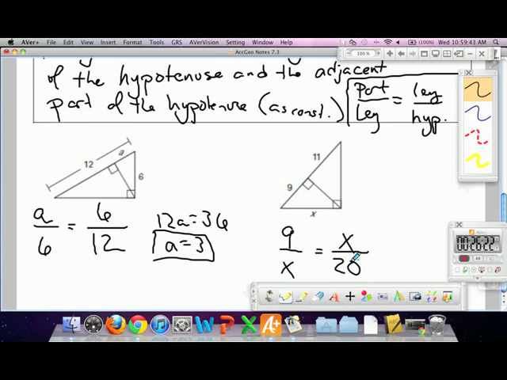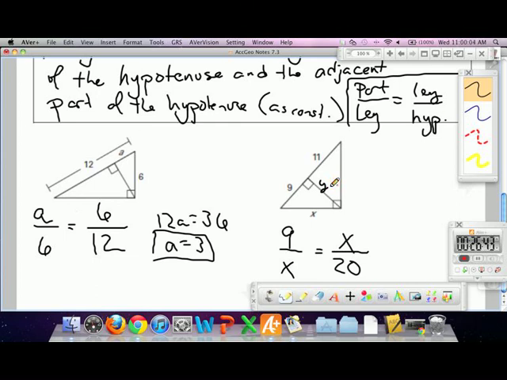Now, if I asked you, how about we extend this just a touch. What if I gave you a second variable here, y? What's a proportion you could set up to find what y is in this case? Well, what is y in this setup? What do we call the segment that y is?